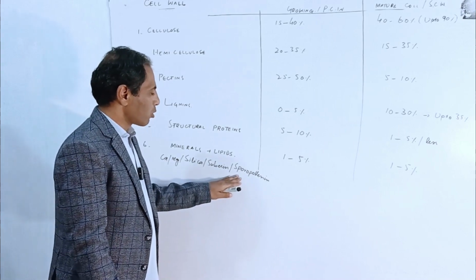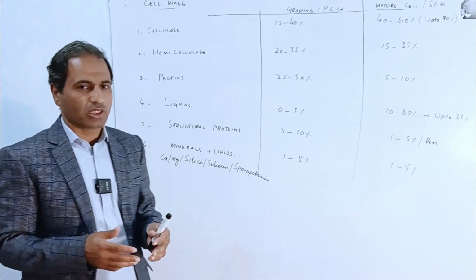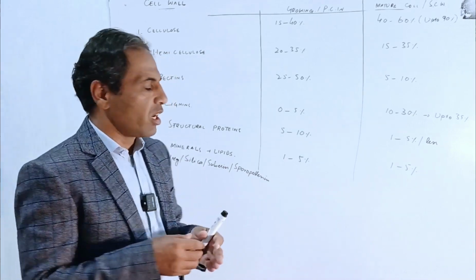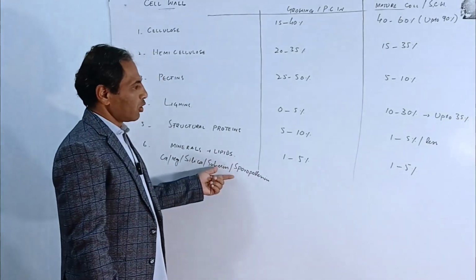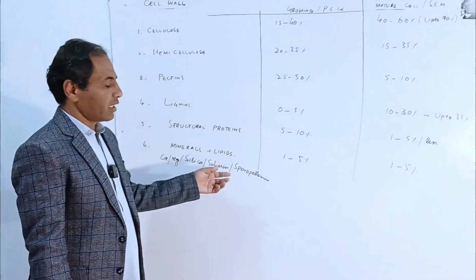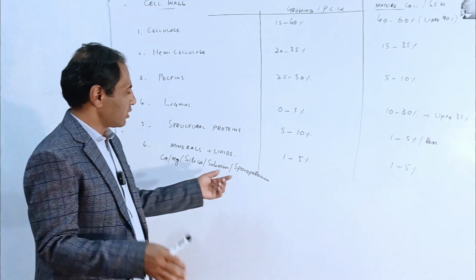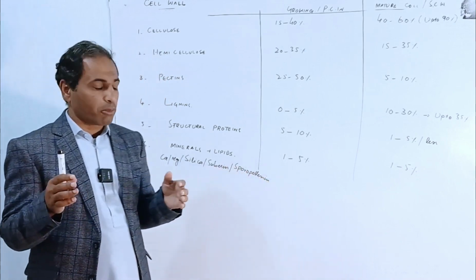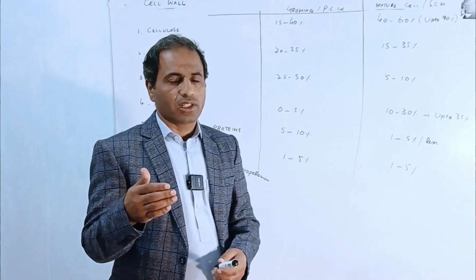Suberin and sporopollenin are some other important lipoidal molecules which provide impermeability and protection, and they can be found in the cell wall of certain cells. Particularly, sporopollenin is an important chemical constituent of the pollen grain, and suberin can be found in epidermal cells of certain plants.